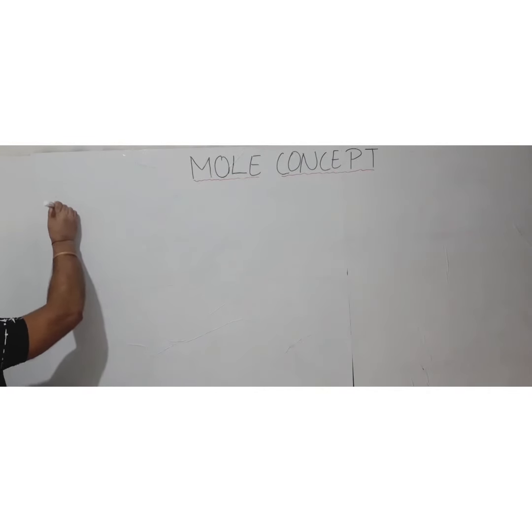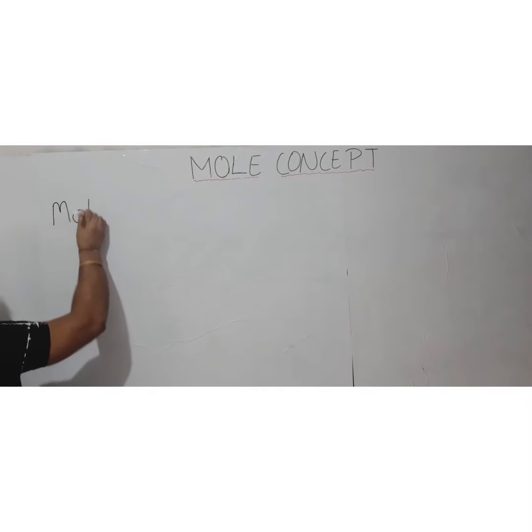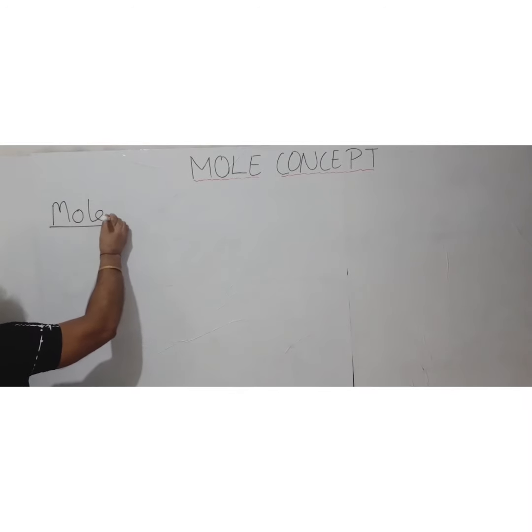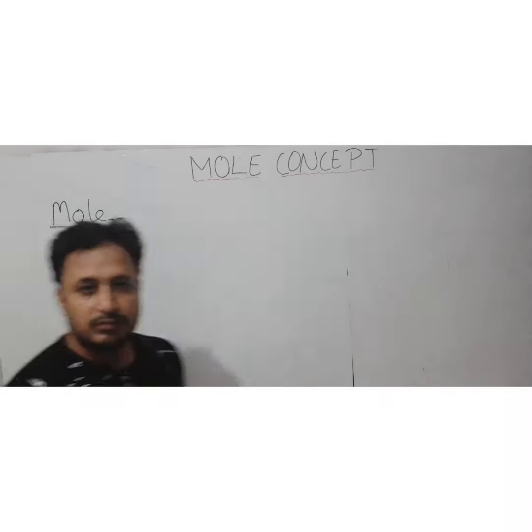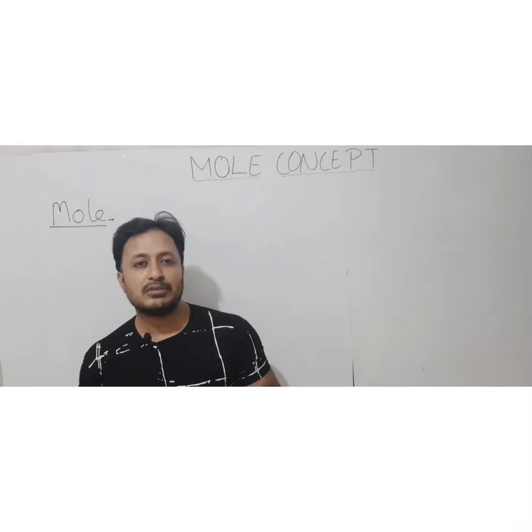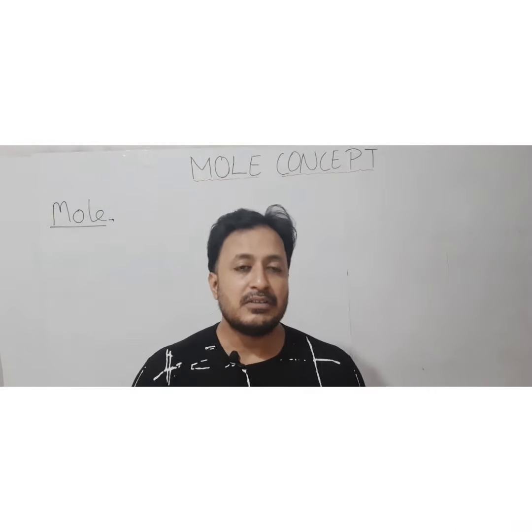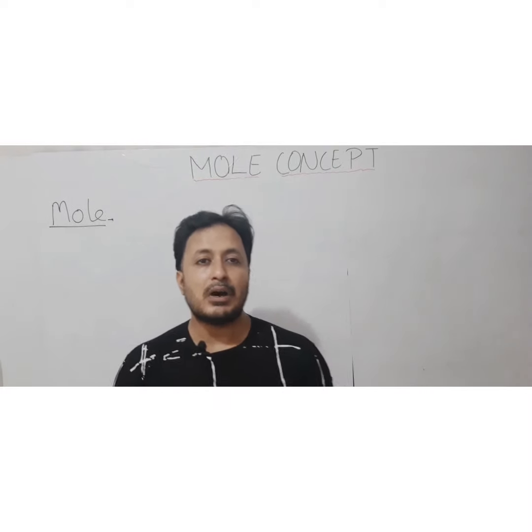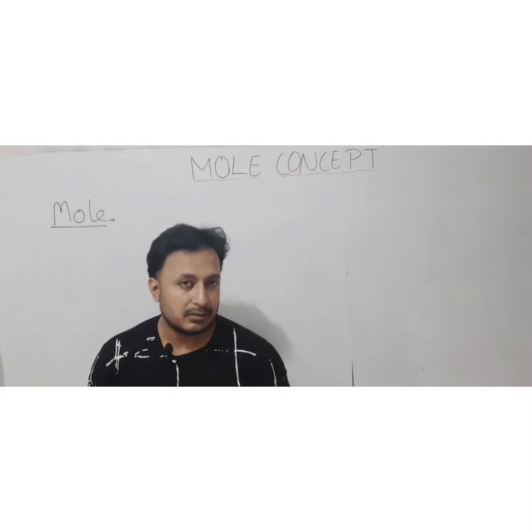So our first topic is mole. Now what is this mole? Mole is, as I have already given you the example, basically the unit in which you can count these much smaller particles.